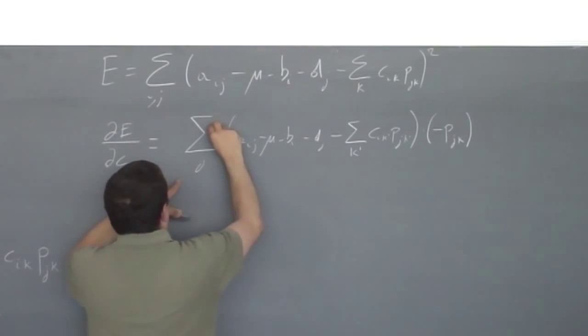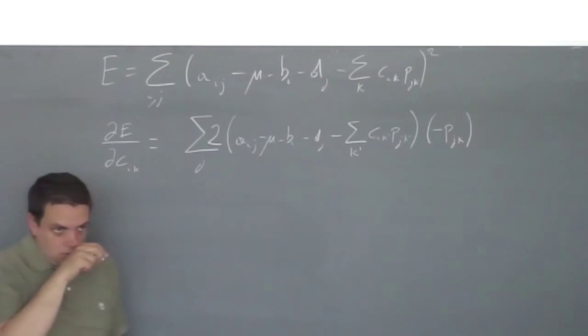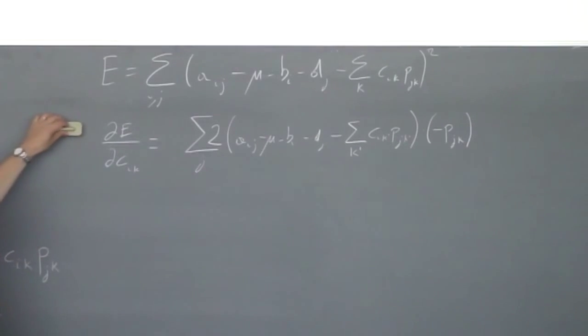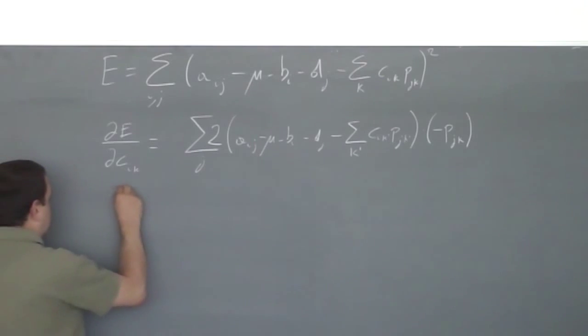This is, of course, twice this. Okay, this is the derivative with respect to c.